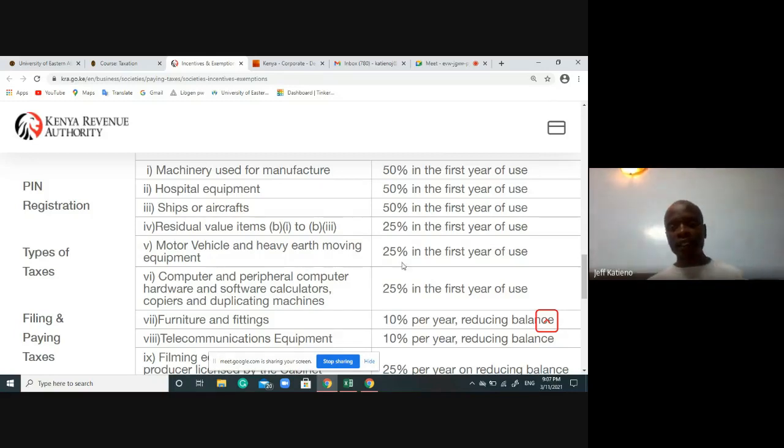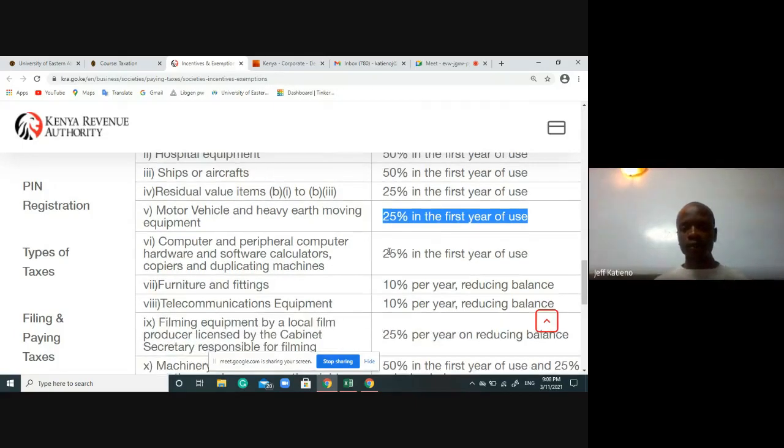But this statement gives the impression that you will only charge this in the first year of use only. But if you look at the correct point of view, you will charge this 25% in the first year of use, and in the subsequent years also it will be a constant rate of 25%, but on reducing balance. The same with computers.